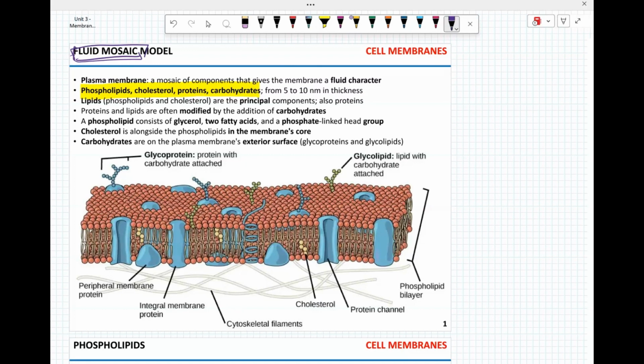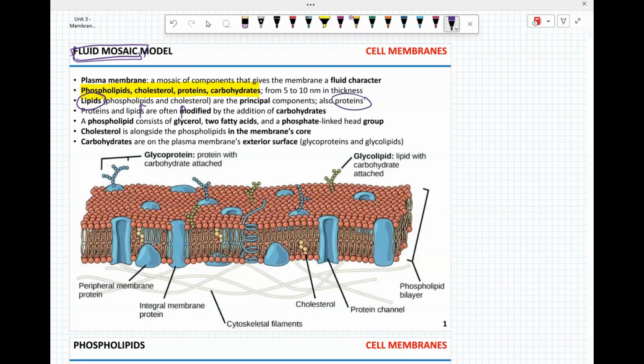Membrane is roughly 5 to 10 nanometers in thickness, and the main components that form more than 50% of the plasma membrane are lipids. Lipids that comprise plasma membrane include phospholipids and cholesterol. Second component of the membrane by percentage, proteins.